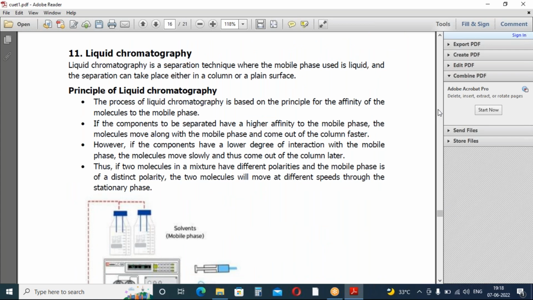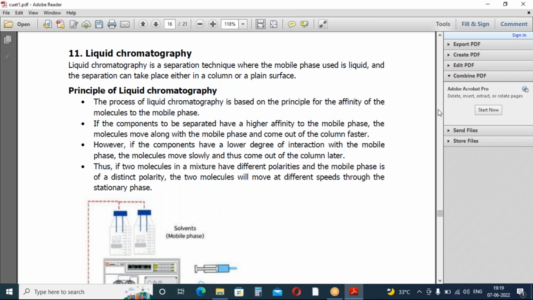Affinity means higher affinity, lower affinity, or the same. Depending upon the affinity of the interaction between the stationary phase and the mobile phase, the molecules can be separated out. This is also majorly based on polarities. If two molecules in a mixture have different polarities, and the mobile phase has a distinct polarity, the molecules are separated out at different speeds.